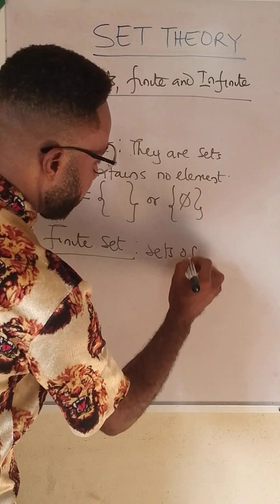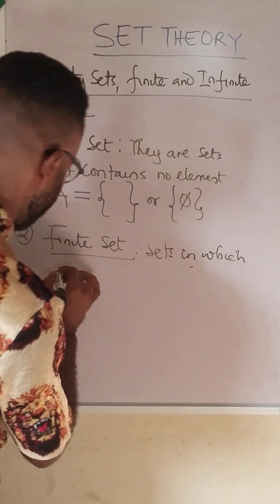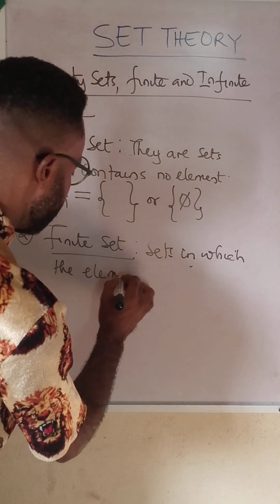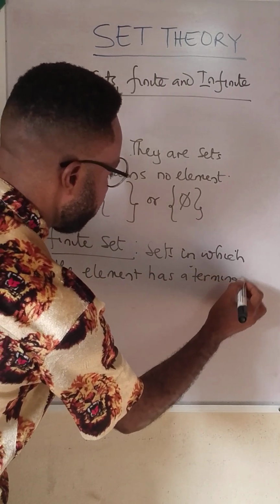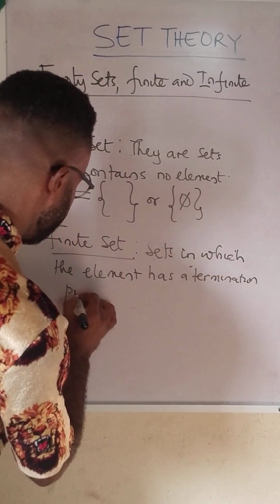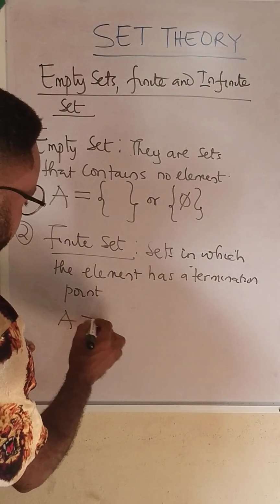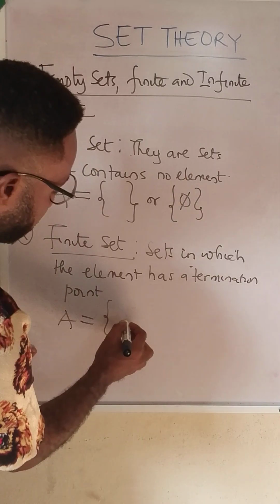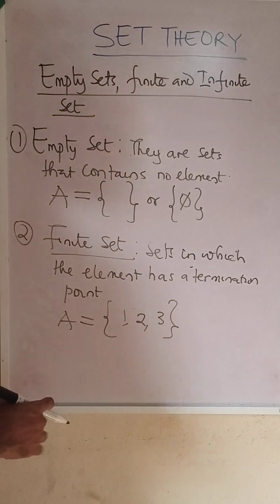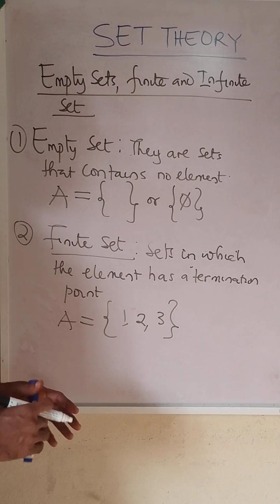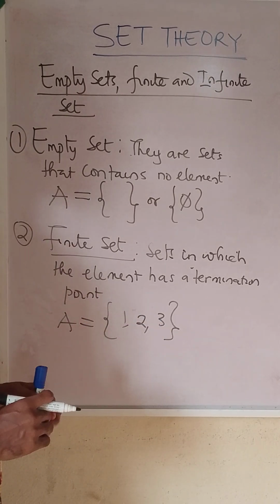So for instance, given set A, if we have set A to contain 1, 2, 3, this is a finite set because we know the last number or the value of the last element.